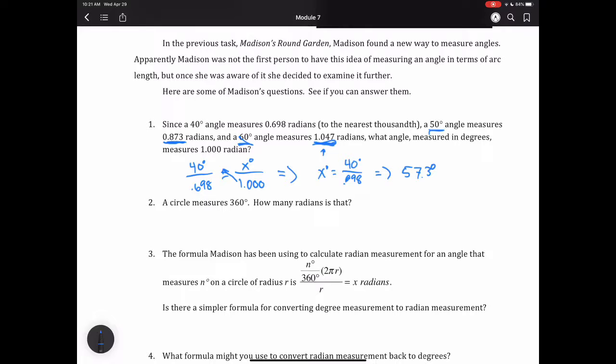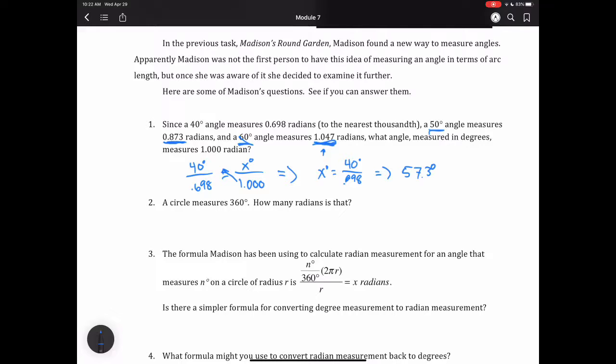So now a circle measures 360 degrees, but how many radians is that? Well, we know that the circumference of a circle is 2 pi r, and remember that we're looking at things relative to their radii and their arc lengths, right?